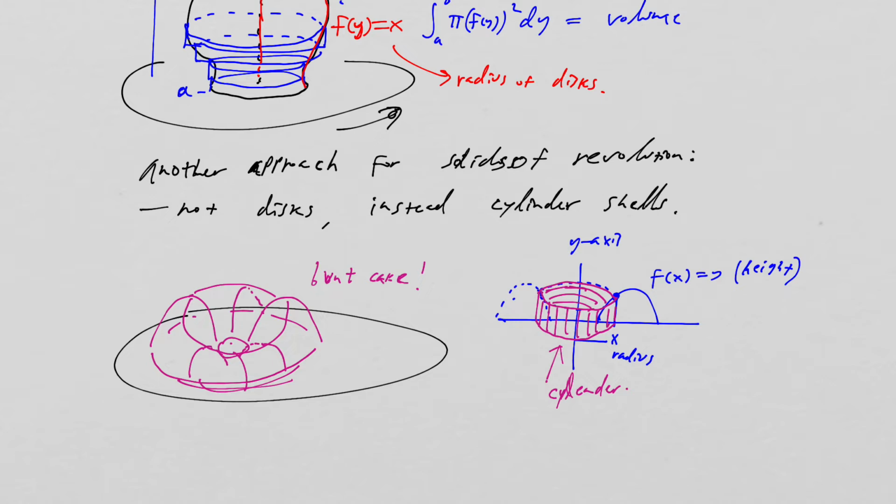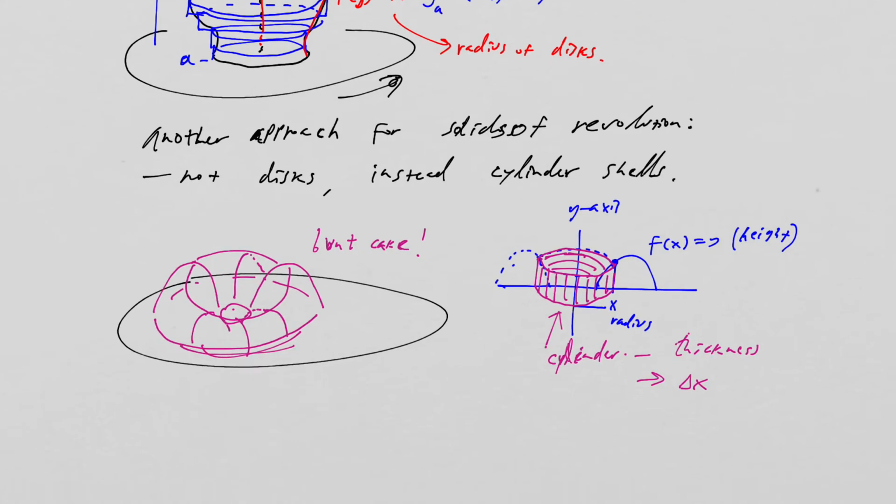If that's a cylinder, it's going to have a little thickness. We'll say that thickness is going to be delta x thick.